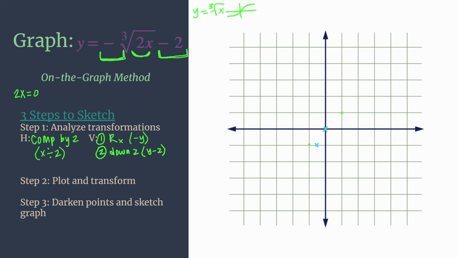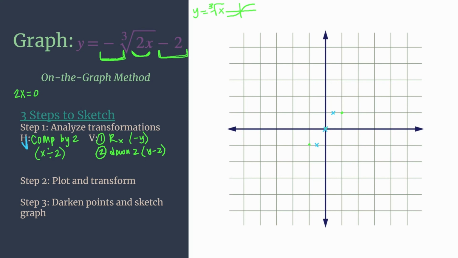The point on the origin stays the same because it's on the y-axis. And then our third point, again, you cut that distance to the y-axis in half. All right, so this blue graph is our intermediate graph. We'll be working from that from now on. Okay, so we're done with our horizontal transformation. Let's switch colors and move on to our vertical transformations.